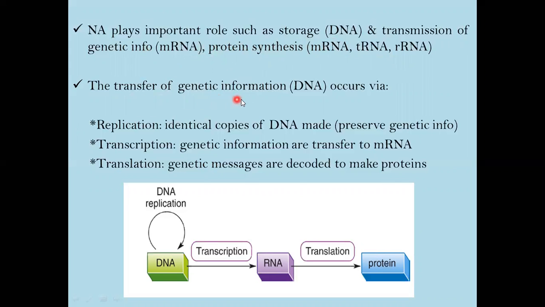The transfer of genetic information present in DNA occurs with the help of replication, transcription, and translation. So these three are the basic processes in which the genetic information present in DNA is transferred from generation to generation. So first is replication.